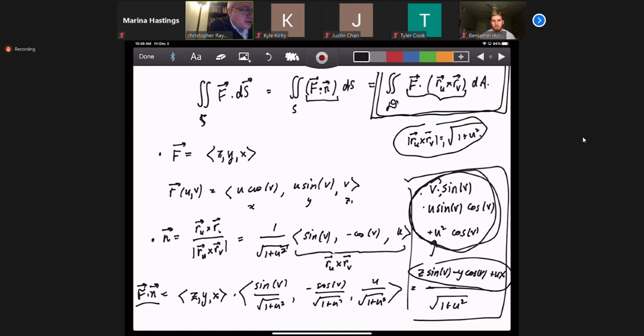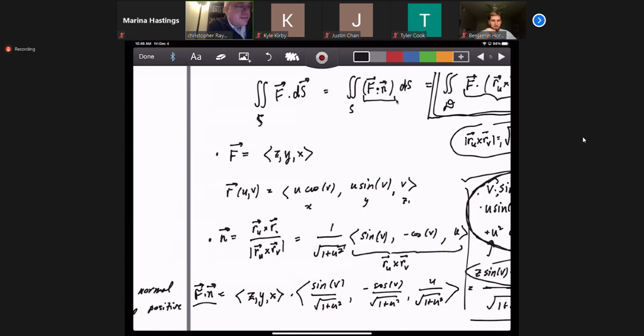U squared cosine v, well, I can integrate u squared with respect to u. I can integrate cosine v with respect to v. That's not a problem. I can integrate u for this middle term. Sine v cosine v, I can integrate by substitution, or I can use the trig identity that sine of 2v is 2 sine v cosine v. It's not hard to integrate.